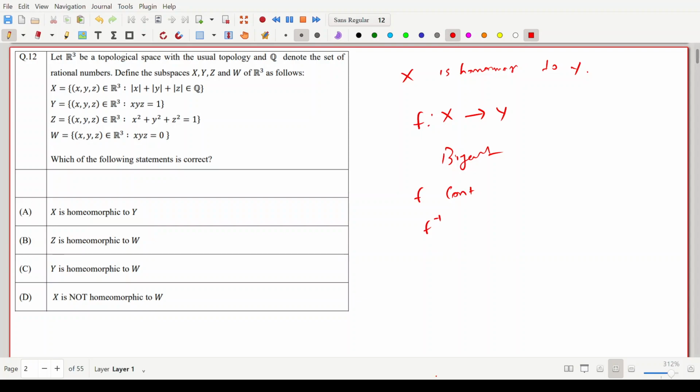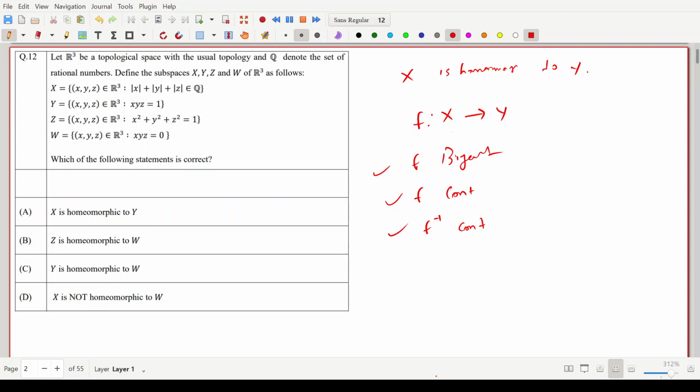Since the function is bijective, it is invertible, it has an inverse, and this inverse should also be continuous. If these three conditions are satisfied, then you can say that these two sets are homeomorphic to each other.